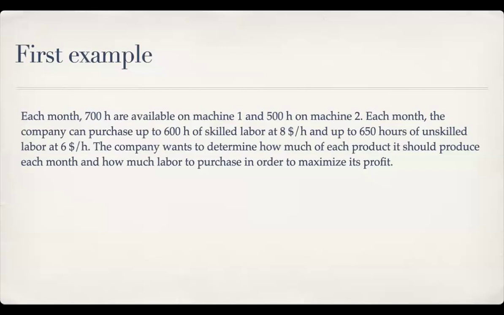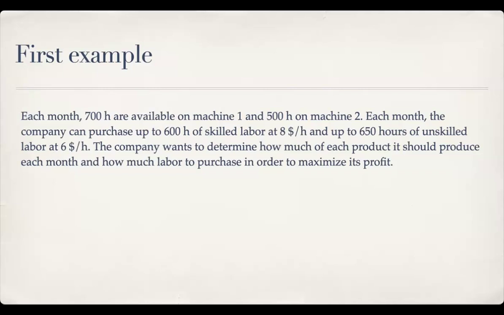The cost for unskilled labor is $6 per hour. So the company wants to determine how much of each product it should produce each month and how much labor to purchase in order to maximize its profit.